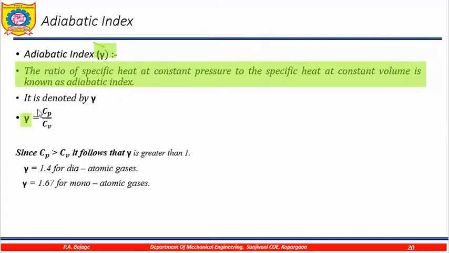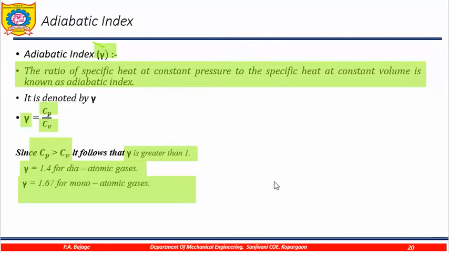So, gamma is Cp upon Cv, the ratio of specific heat at constant pressure to the specific heat at constant volume. Now, Cp is always greater than Cv. So, gamma is always greater than 1. Okay. So, gamma is equal to 1.4 for a diatomic gas, whereas gamma is 1.67 for a monoatomic gas.